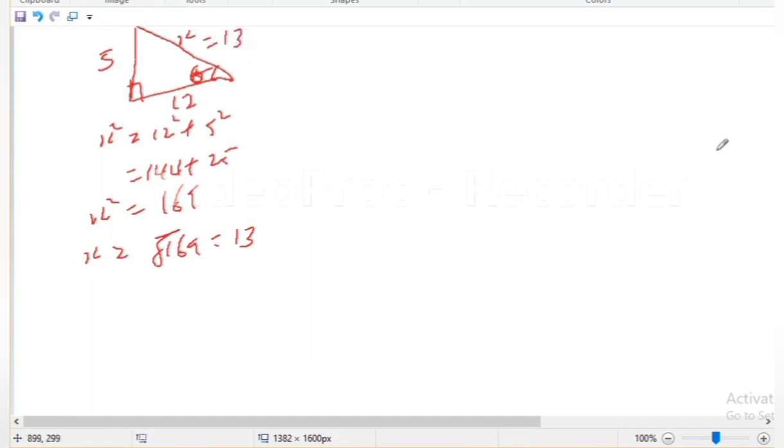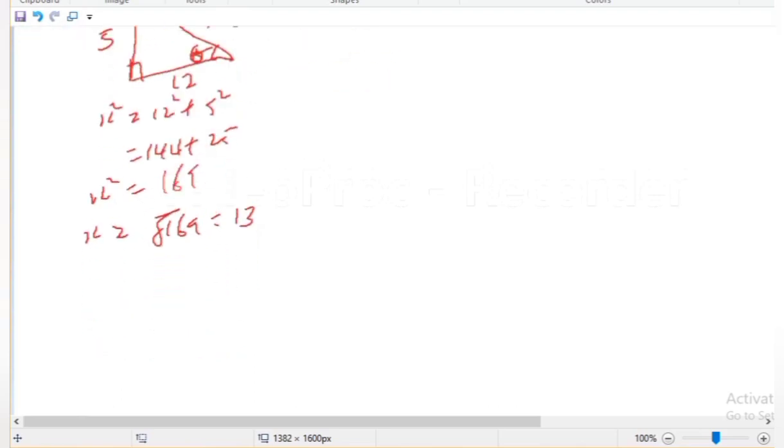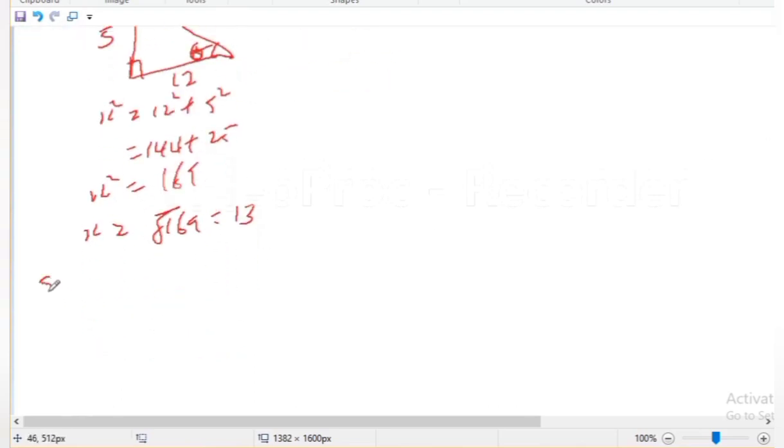Then now you want to find sine. You want to evaluate sine 2 theta, which is equal to sine theta plus theta. This is double angle.